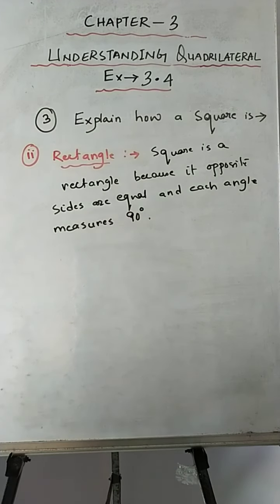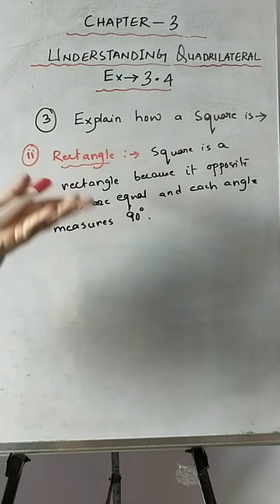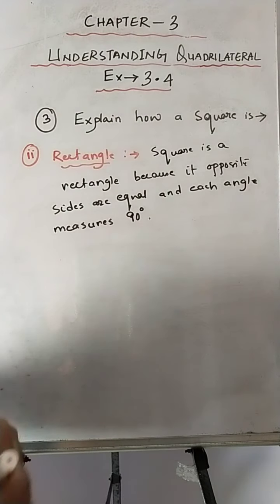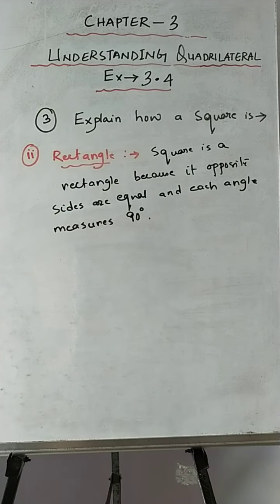So with these two properties, we can say that the square is a rectangle. Okay, so this is the solution of question number 3, students.